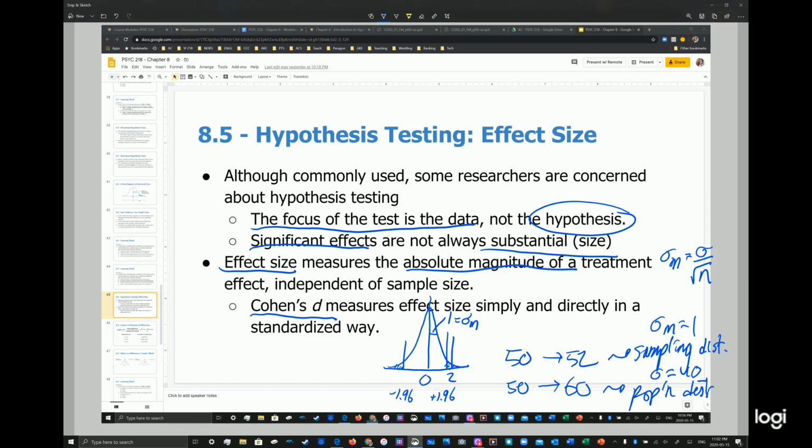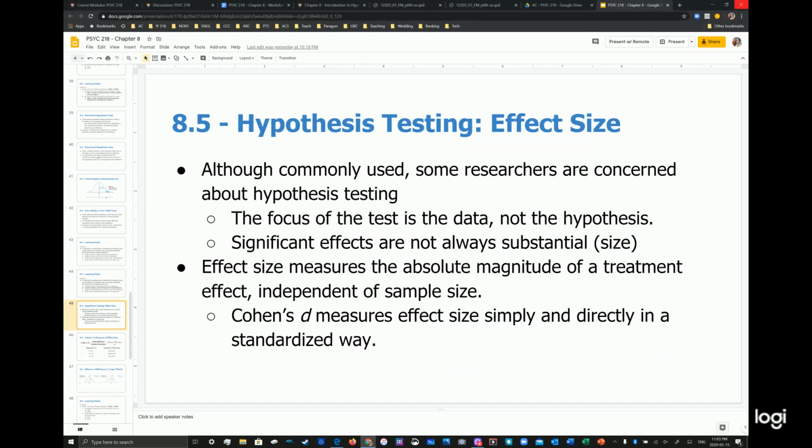What we're looking for is how many standard deviations there are between the sample mean and the population mean. In a way, it's quite similar to the z-score for your sampling distribution, but instead of measuring the difference between the sample mean and the population mean in standard errors, you divide it by the standard deviation instead.